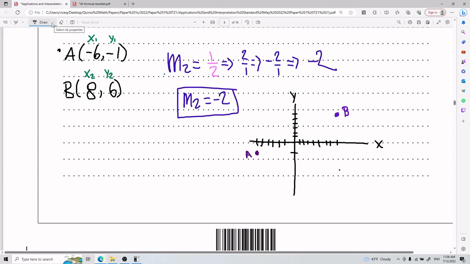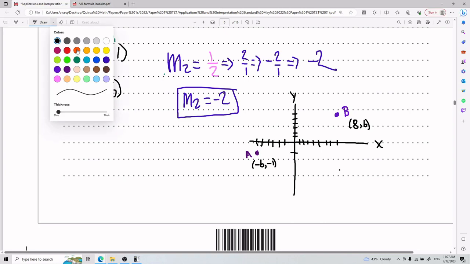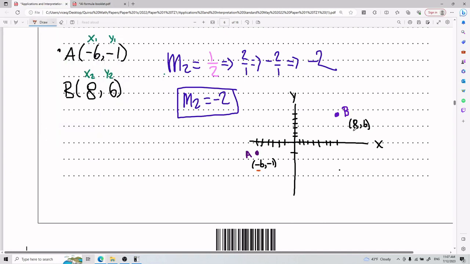And so what is the halfway from A to B for my X values? If I'm only comparing my X values, here I have -6 and here I have positive 8. So if I analyze only my X values, I'm going to be taking this one here and this one here.